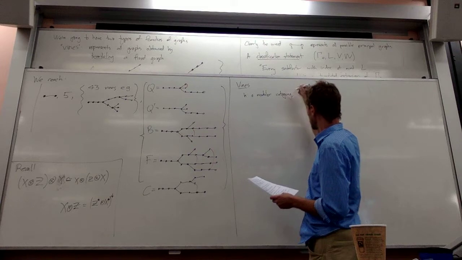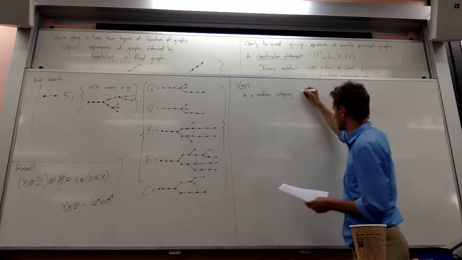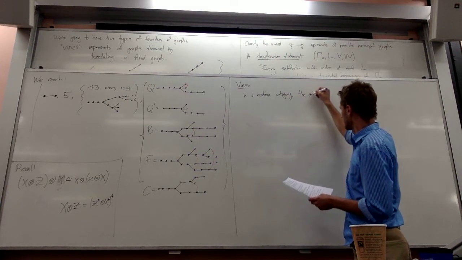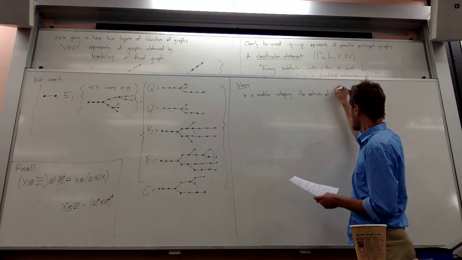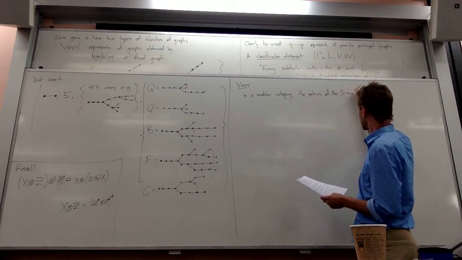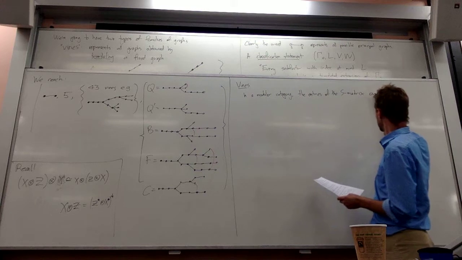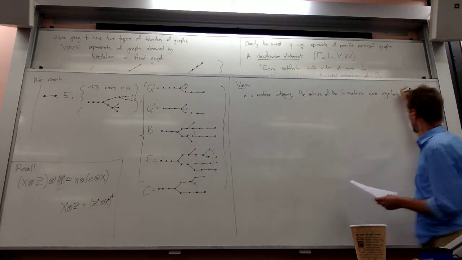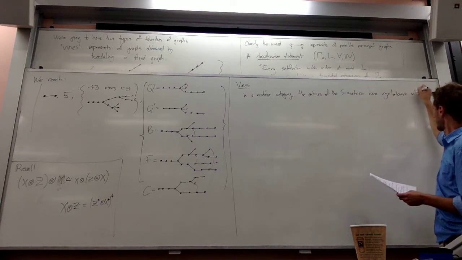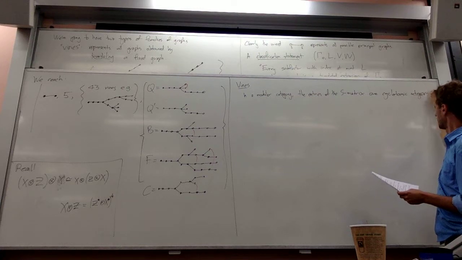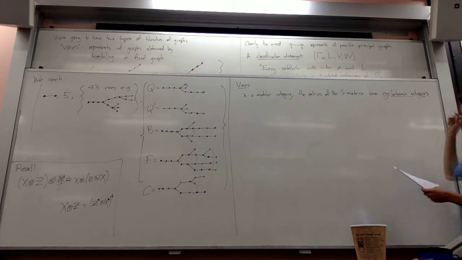whatever that is, we won't quite go there, there's this thing called the S matrix, and the entries of the S matrix are cyclotomic integers. Okay, sums of roots of unity.